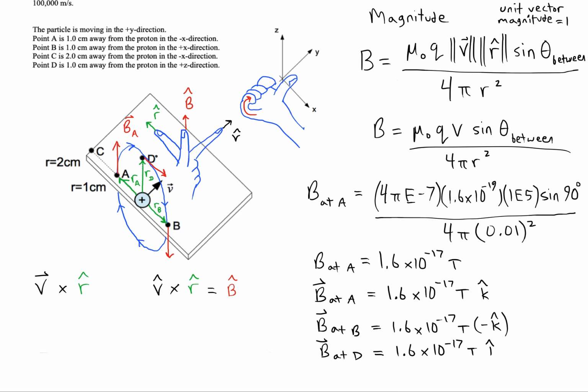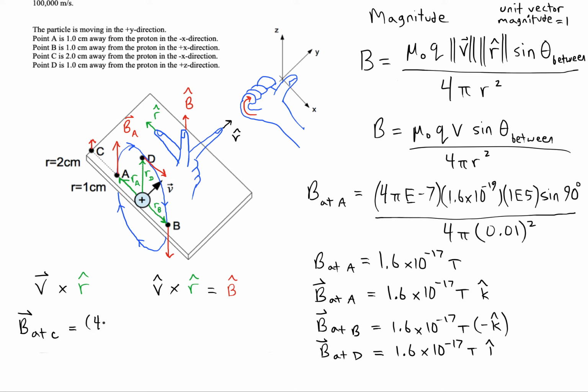However, when we do C, we see that it is actually twice as far away from the charge as A is. So for the magnetic field at C, what we're going to find is that it's actually weaker. Let's go ahead and plug in the numbers for that.